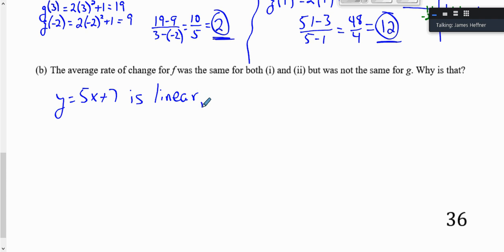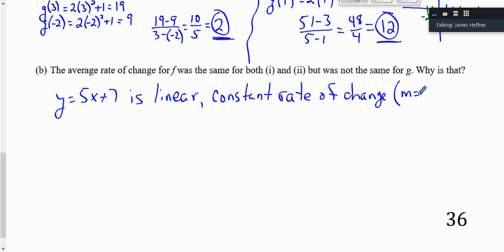Which means it has a constant what? Constant rate of change. In other words, the slope is always 5. Slope is rate of change, okay?